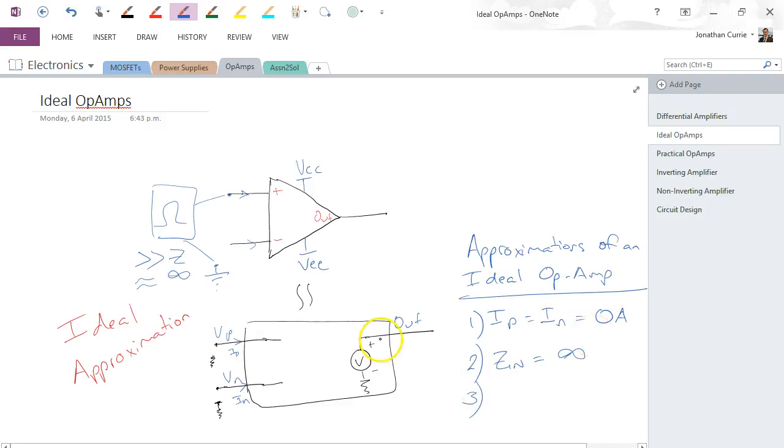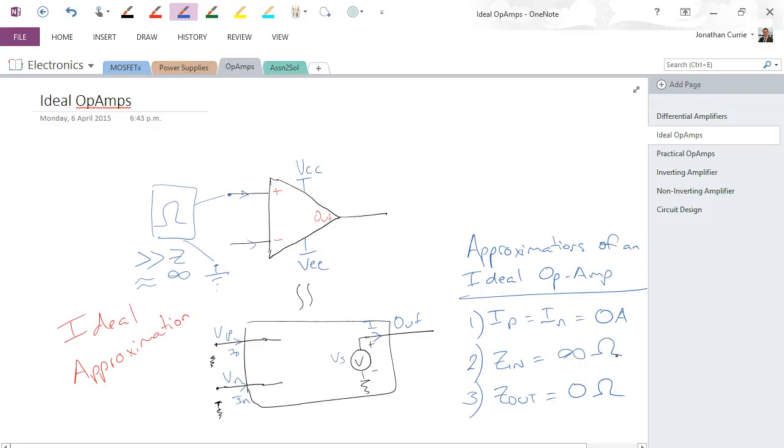Second one is, you'll notice in this model, third approximation, you'll notice in this model that there is no internal source resistance. Alright, so there's no Thevenin resistance equivalent in the circuit. So that means that the current flowing here is not limited by any source impedance. Okay, this being our voltage source here. So therefore, Z out is equal to 0 ohms.